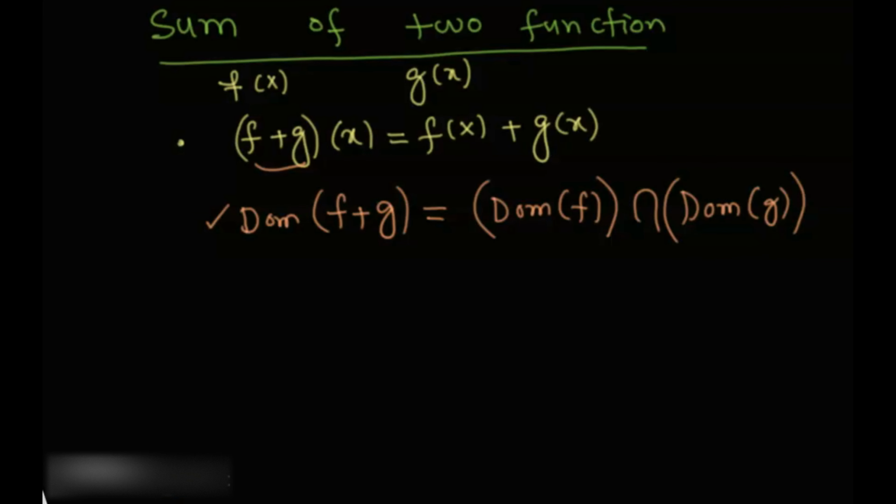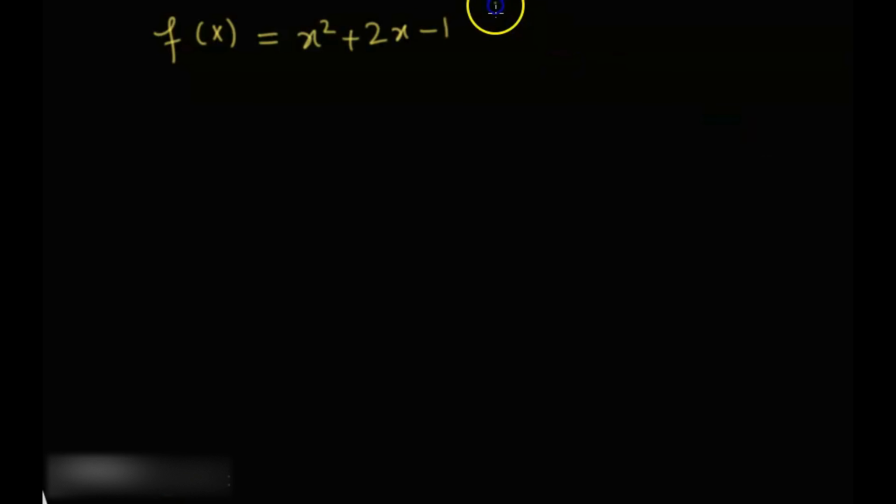Let's get started with an example. For example, we are given f of x equal to x square plus 2x minus 1, and we are given another function g of x, which is 2x plus 1.